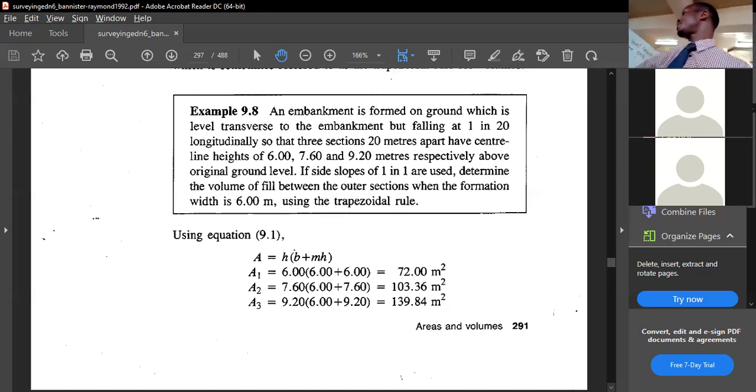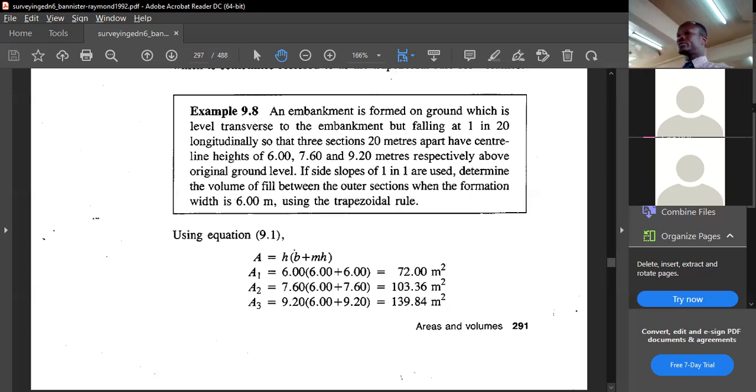So the height goes up. Again, the height goes up. So it's as if we are describing the topography with these values. If side slopes of 1 in 1 are used, what's that? M equal to 1, right?